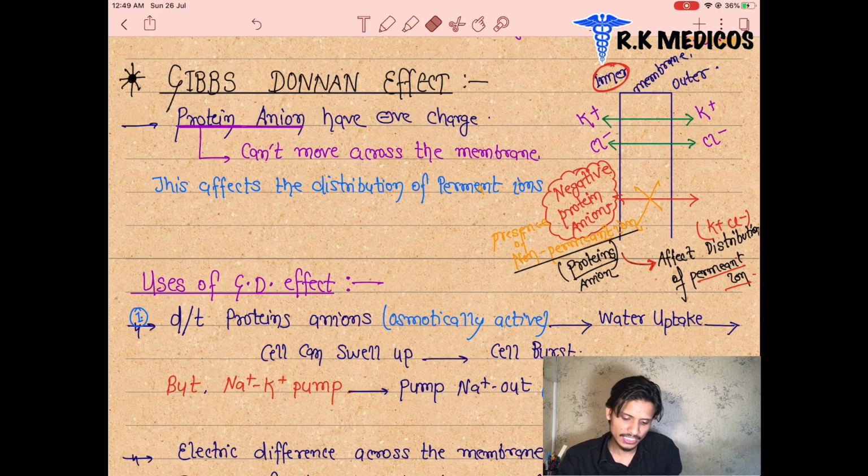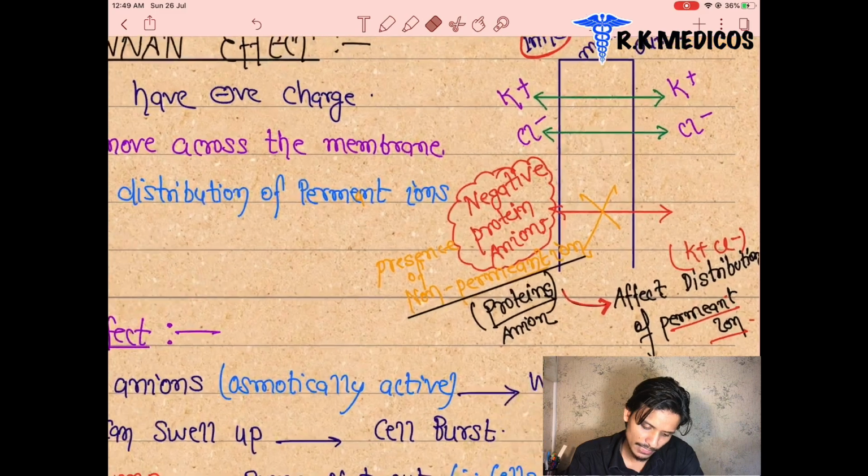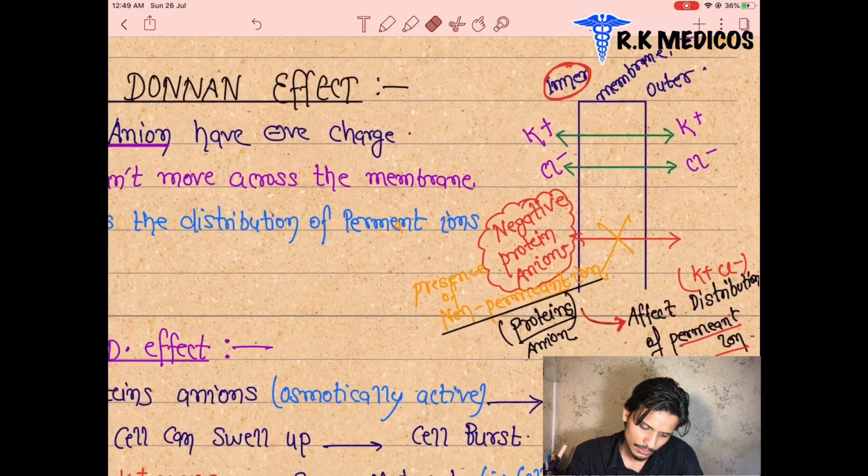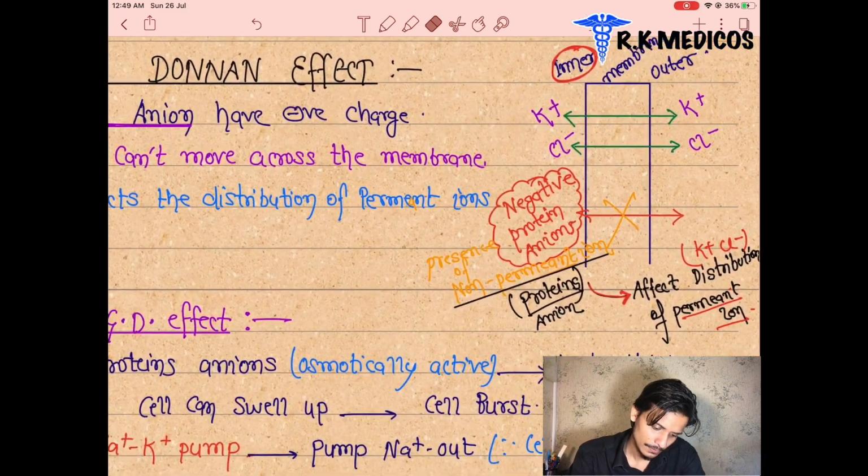Now suppose this is the cell membrane, and this is the outer compartment and the inner compartment.